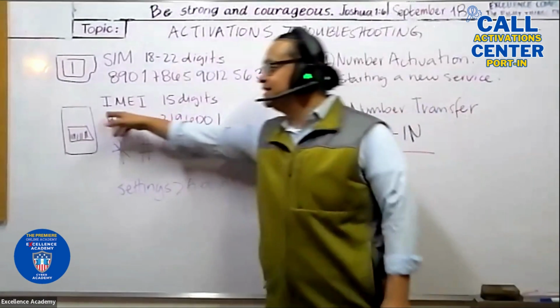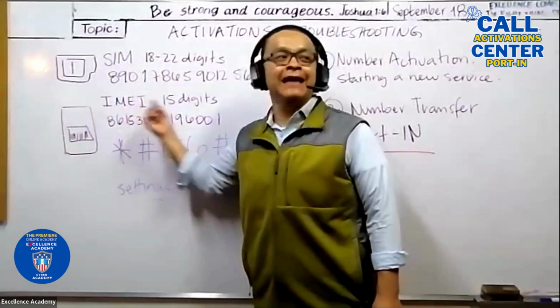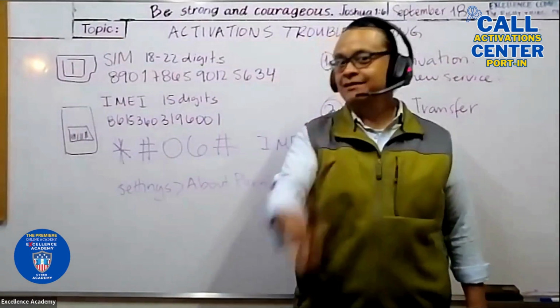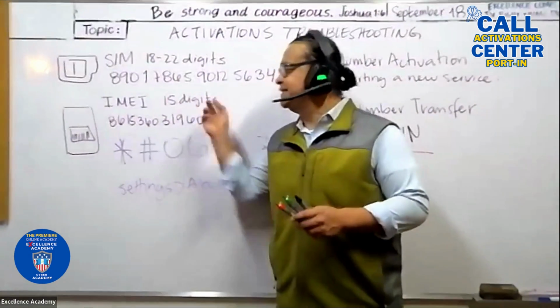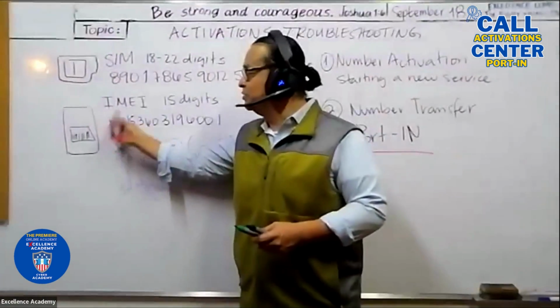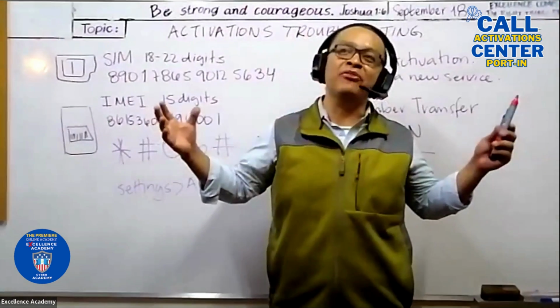The second number that you have to look into is what we call the IMEI number. The IMEI number is basically a number that stands for International Mobile Equipment Identity. Yeah, that's also a mouthful.